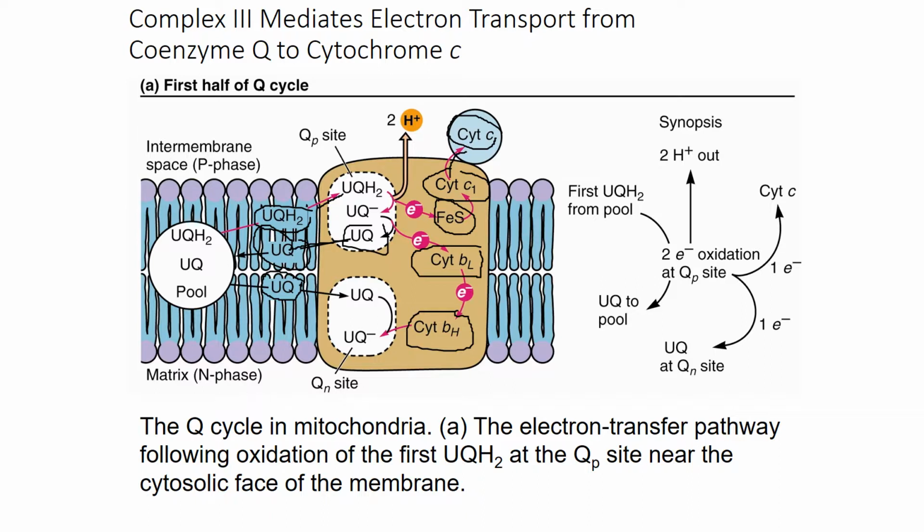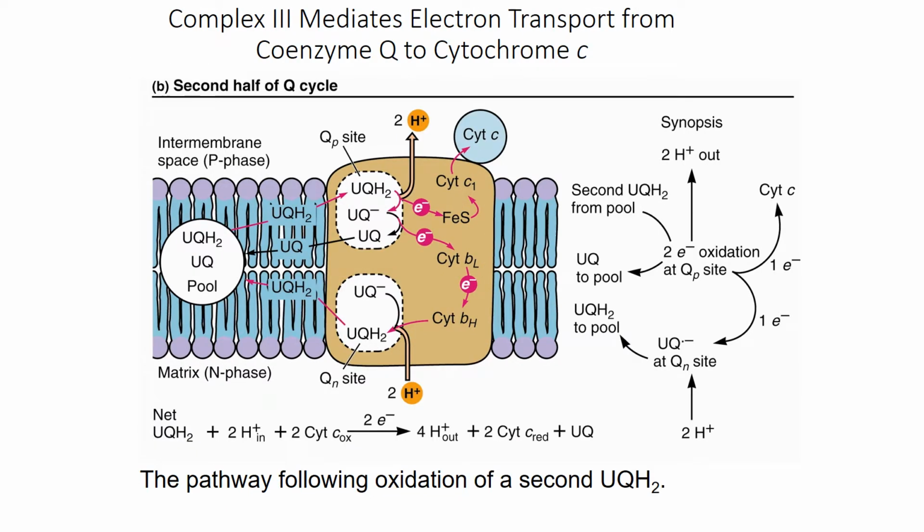So ubiquinone diffuses from the membrane into the second site and picks up an electron from cytochrome BH. This is the QN site. So now we have the semiquinone. This completes the first half of the Q cycle. Now let's take a look at the second. It's quite similar to the first half.